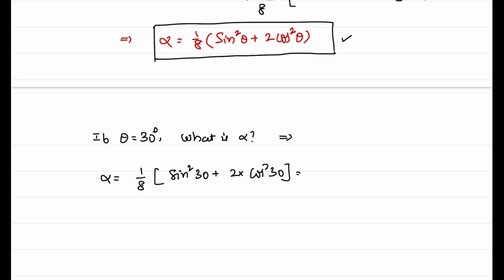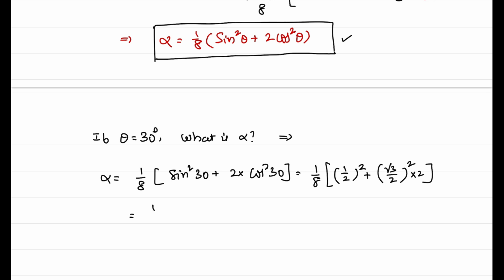Sin 30 is 1 by 2, so 1 by 2 whole square plus root 3 by 2 whole square into 2, as it is 2 cos square theta.